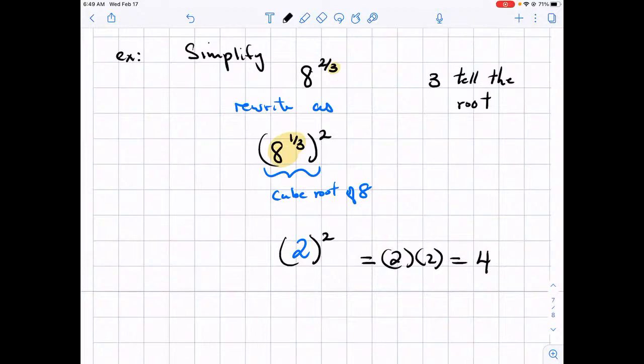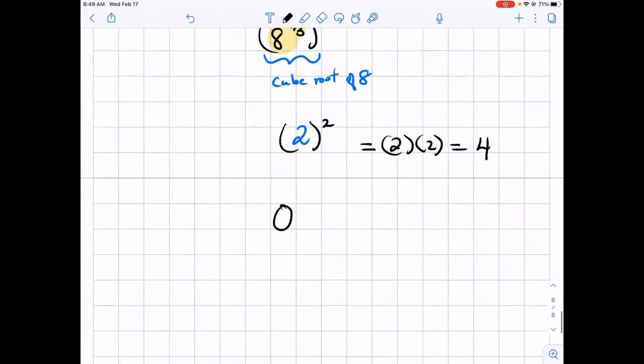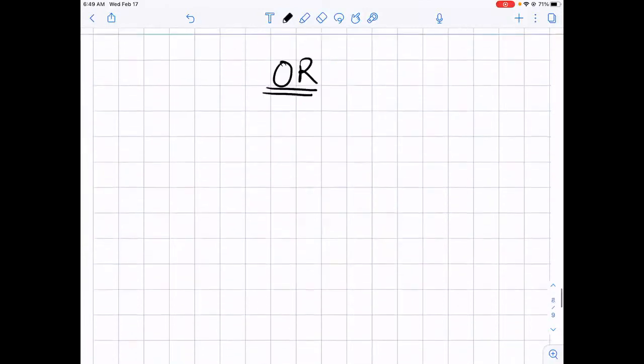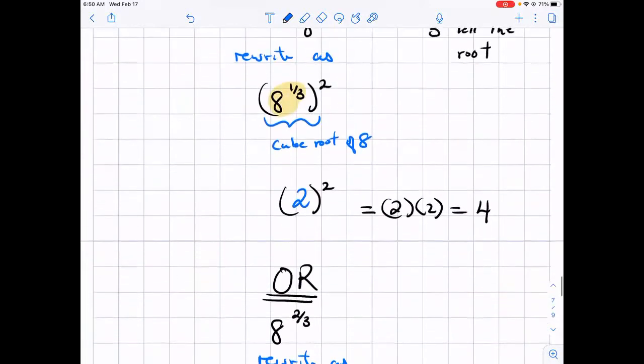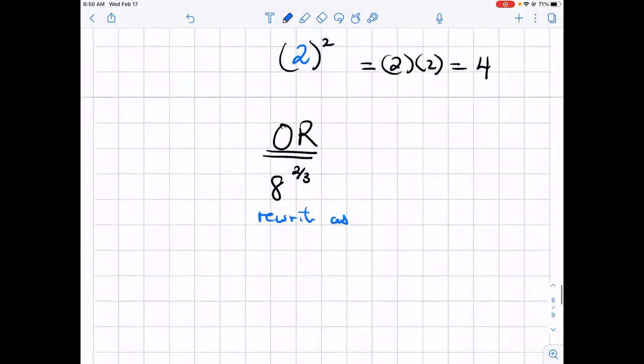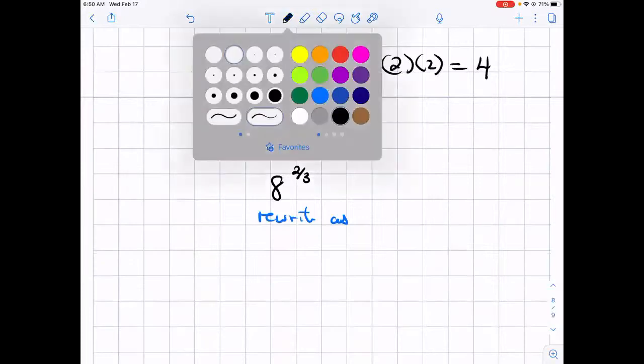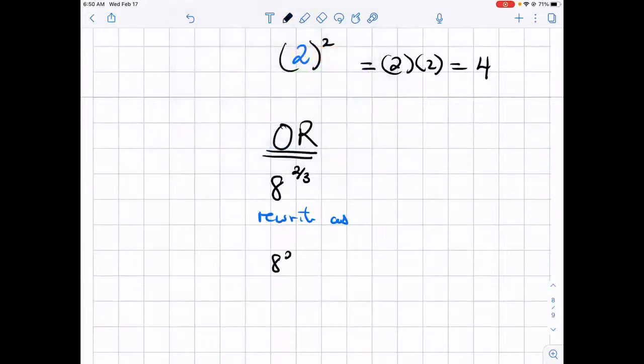You will see that if I did it the other way, we had 8 raised to the 2/3 power, and we rewrite it as 8 squared, and then I raise it to the 1/3 power.